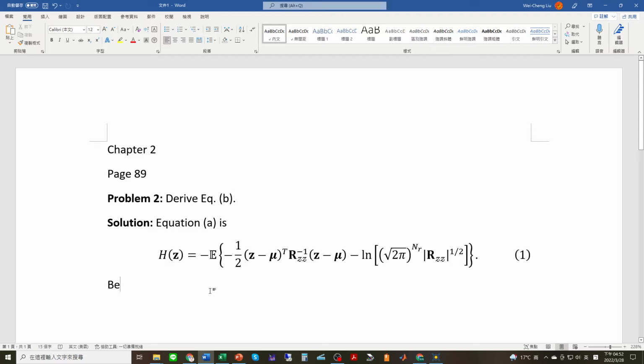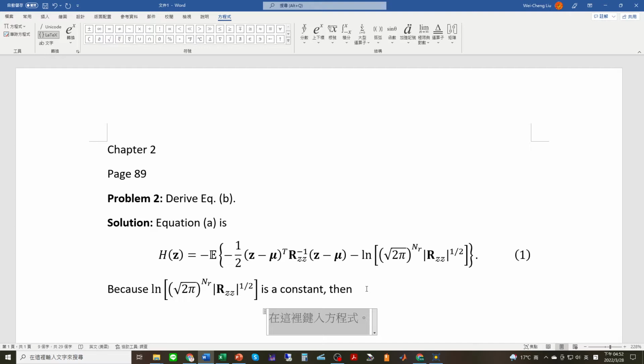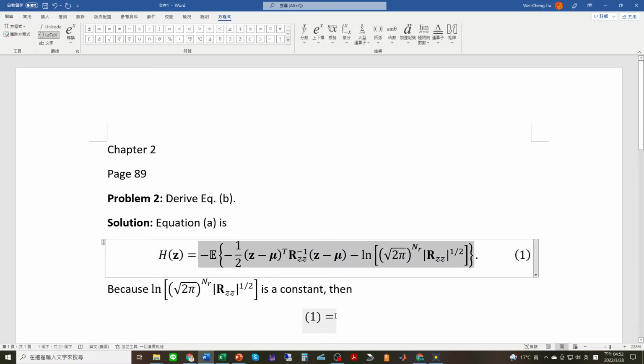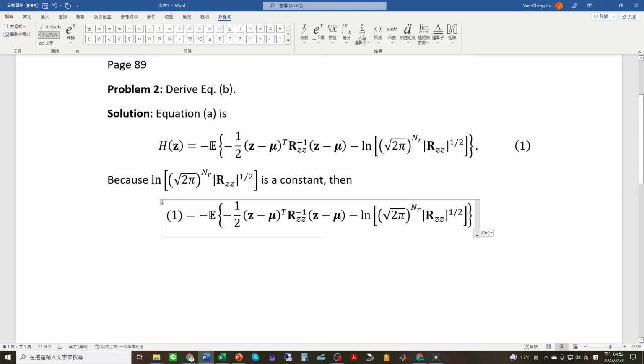Because this term is a constant, then equation 1 is equal to minus expectation of minus 1 over 2 (z minus mu) transpose times RZZ inverse times (z minus mu), and this term can be moved out of the expectation.